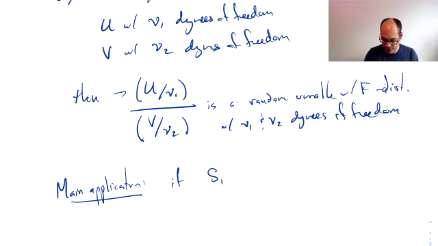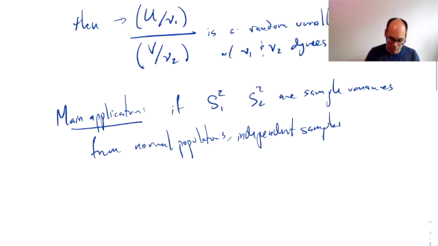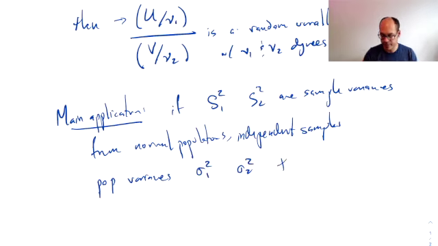So if S1 squared and S2 squared are sample variances from normal populations and independent samples, and suppose we know that the population variances are sigma 1 squared and sigma 2 squared respectively. Then what do we know?